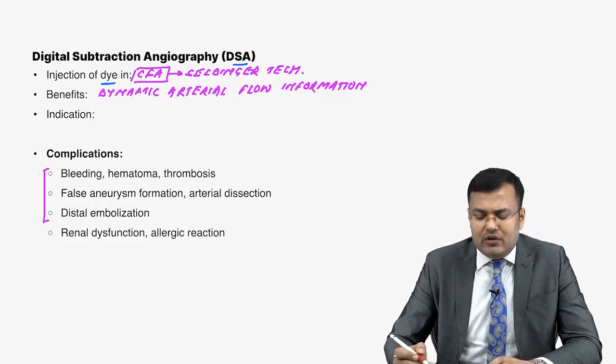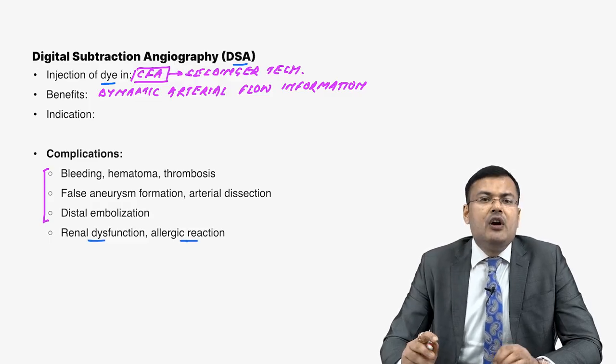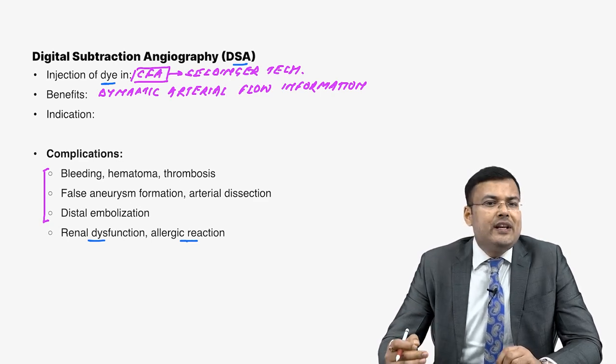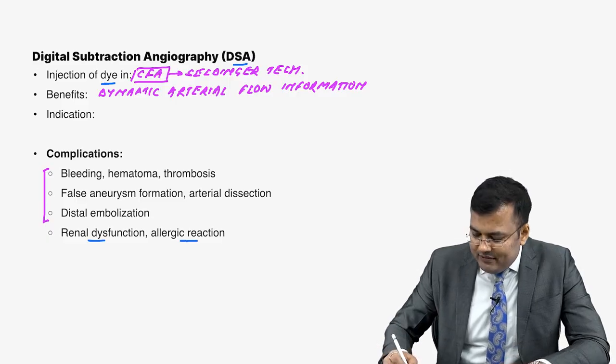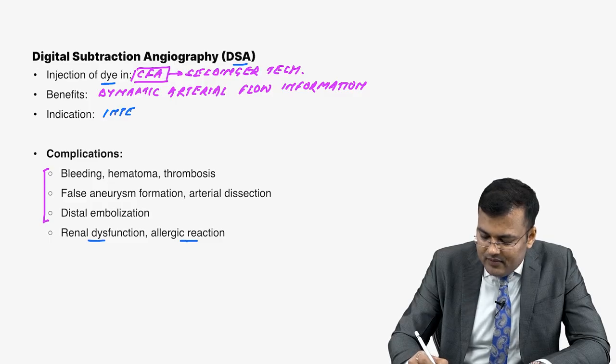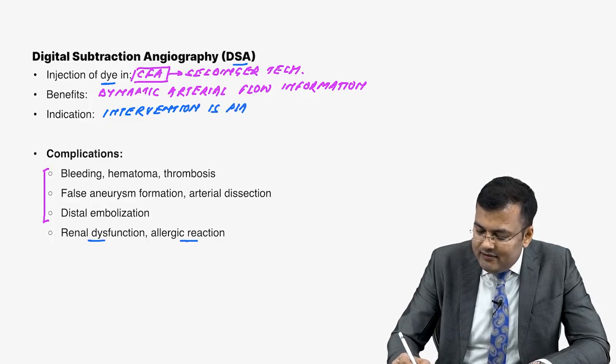Because of this, patient might have renal dysfunction or allergic reaction. So in all cases, we are not going for DSA. It is done whenever intervention is planned. That's the indication.